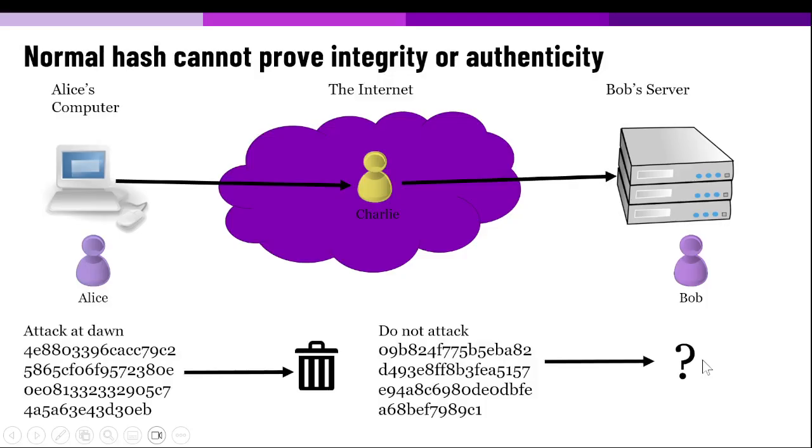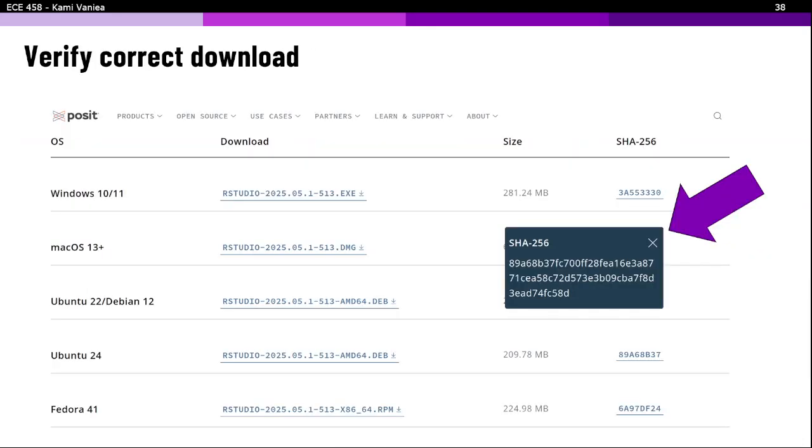Now, if we are not doing anything to protect that hash, they'll just swap it out. Think back to this. You just downloaded the file, and then you're going to pull the hash down over the exact same connection. You've got the attacker in the middle. What's stopping them from switching out the hash?